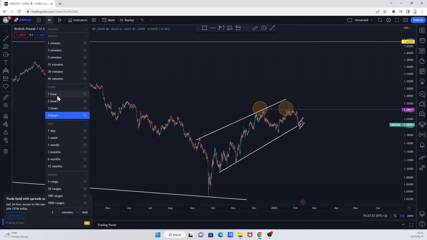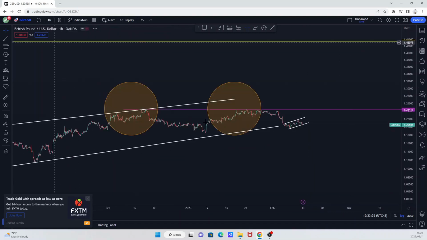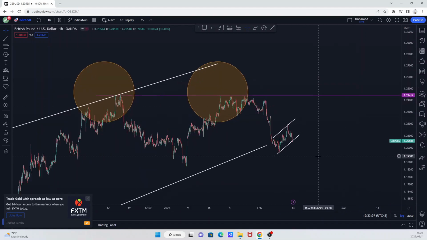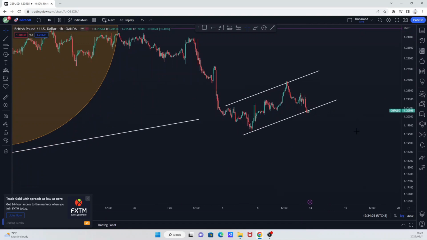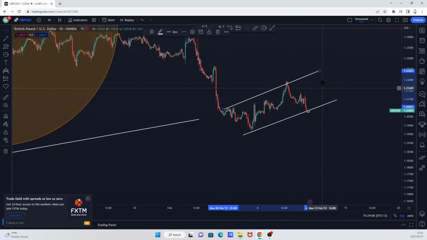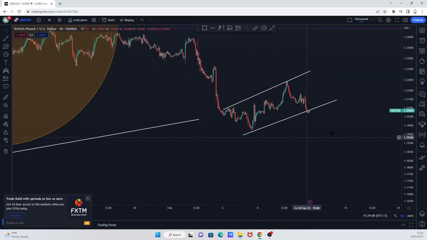So what I can do is go to the lower time frame just to see if there's anything that I can see. Okay, let me zoom. This is my lower time frame. Let me try to align this so that I can make it nicely. Okay, so this is the structure that I said I was looking at.